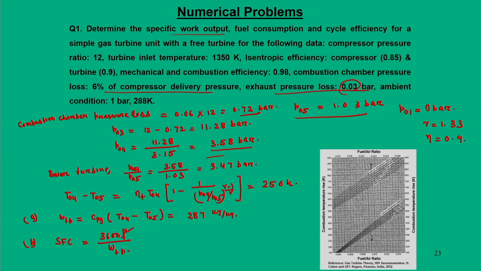Now to calculate F, we require this particular graph. For that we require the combustion temperature rise. In our case, the combustion temperature rise delta T is nothing but T03 minus T02, which we can obtain as 712.9 Kelvin.